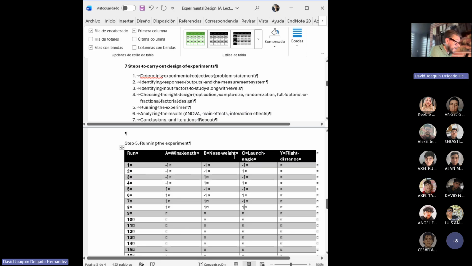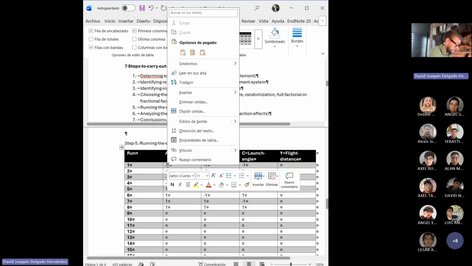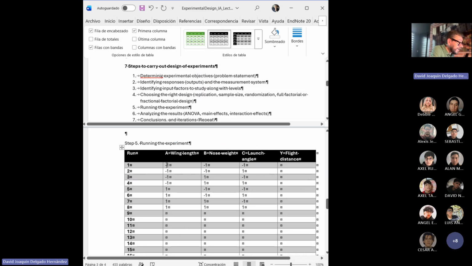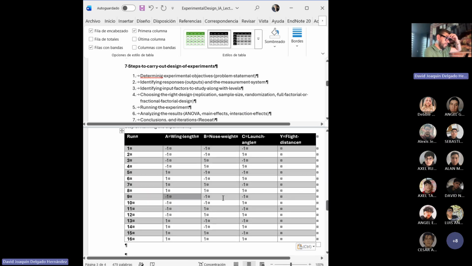Okay, so I am going to repeat this because the first 8 experiments are for the first replication, and from experiment 9 until experiment 16 are the second replication. So let us copy this and paste it here. It's exactly the same, okay? And we are going to have 2 replications.